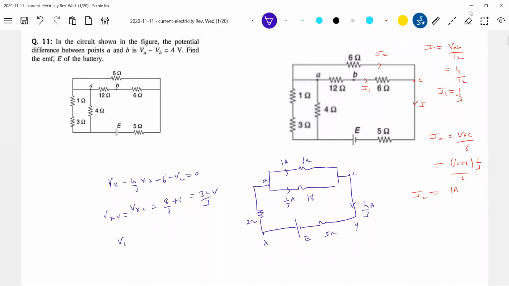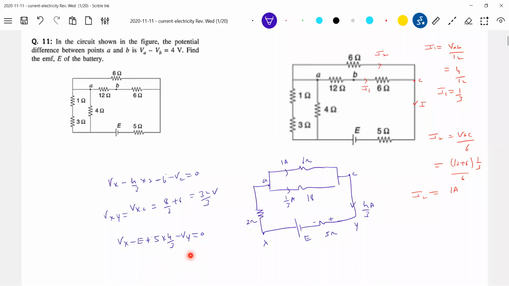So write the potential difference Vxy minus C minus 5 into 4 by 3 minus V by 0. All this will give the expression for E. This should be positive because the current will flow. So this should be equal to E minus... I think it should be here only. We need Vxy, it should be different.